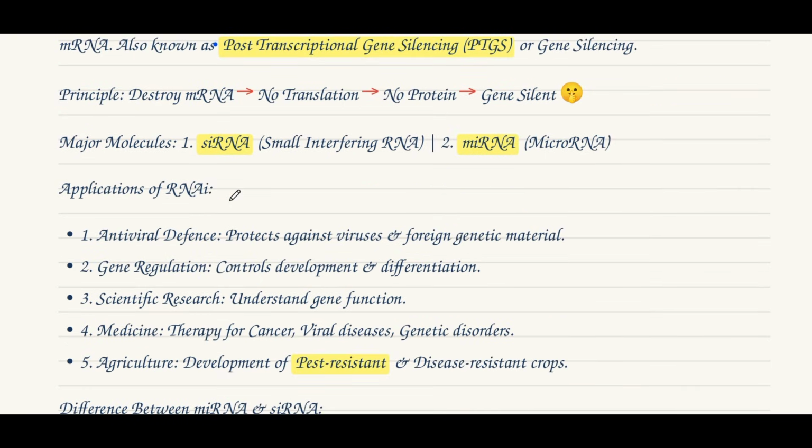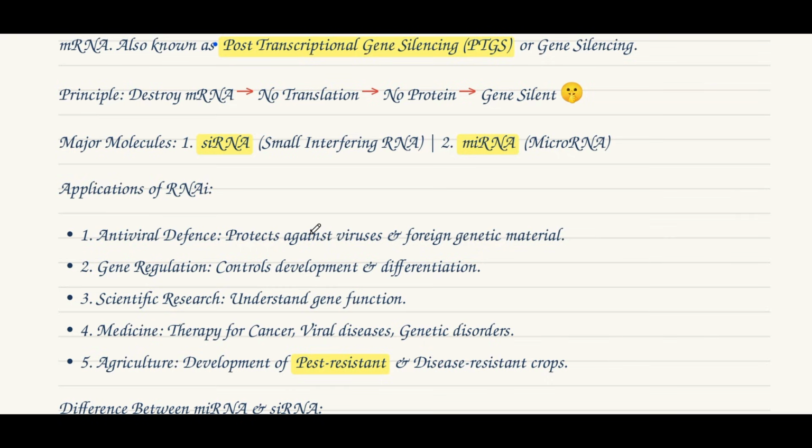Application of RNA interference is antiviral defense. Antiviral defense means protection against viruses and foreign genetic material. It will be active when any virus comes into our body, and it will protect us from foreign genetic material.